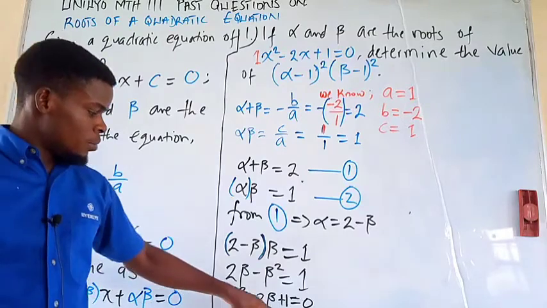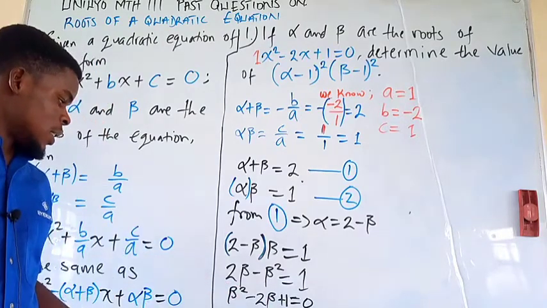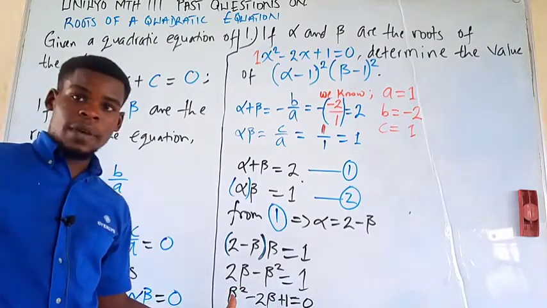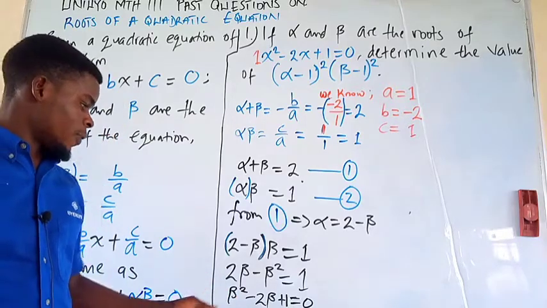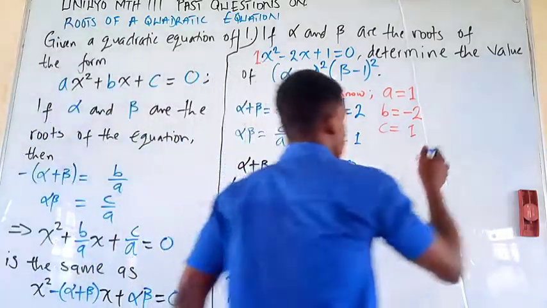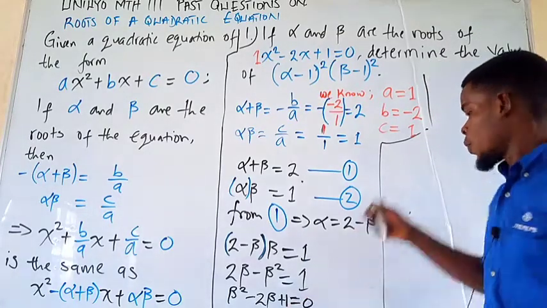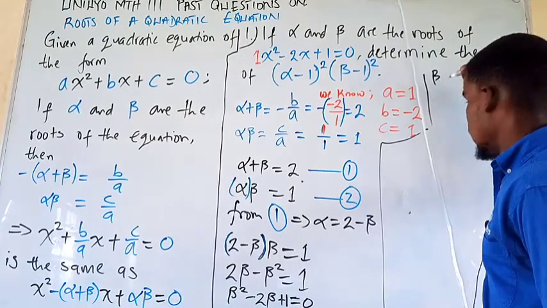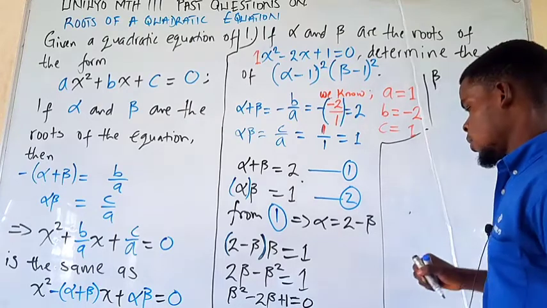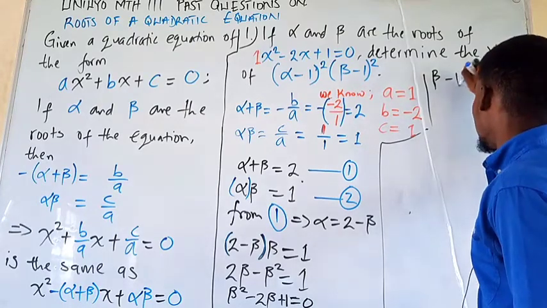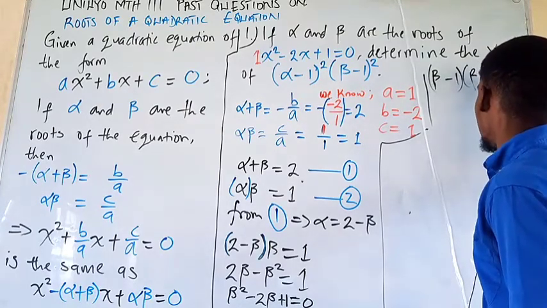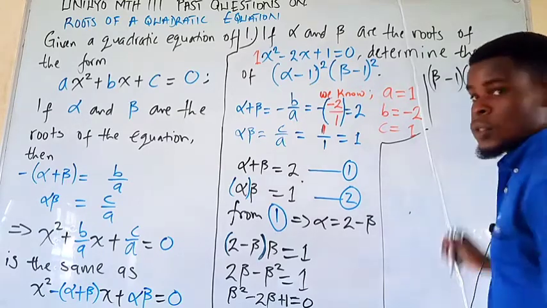Let me see if I can factorize this, so I can get my values of beta. If I can factorize this, then we are going to have beta minus 1 times beta minus 1 is equal to 0.